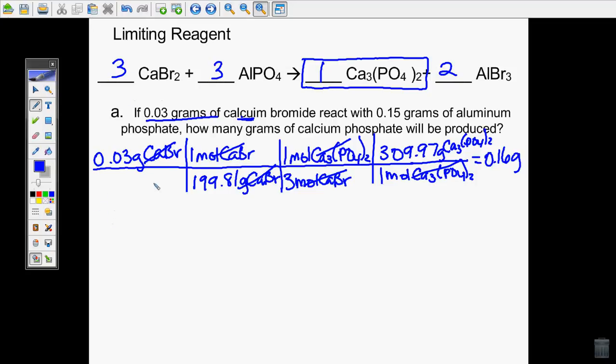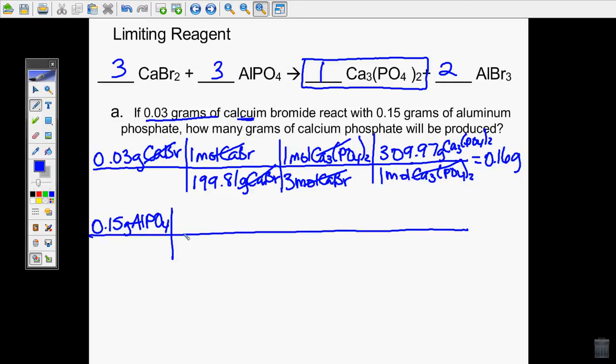I need to do my aluminum to see how much my aluminum can make. So my aluminum phosphate, I'm going to go to grams of calcium phosphate again. So I need my molar mass of aluminum phosphate, which is 121.95 grams of aluminum phosphate. So those cancel.